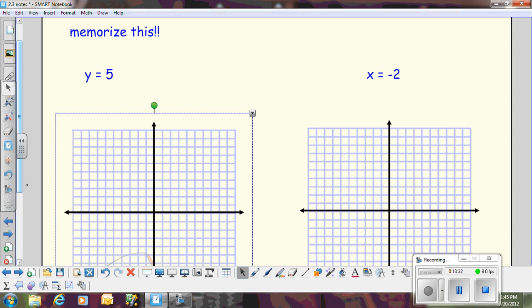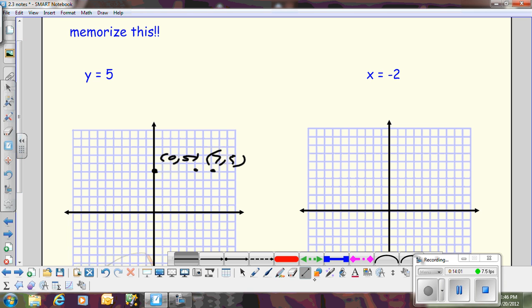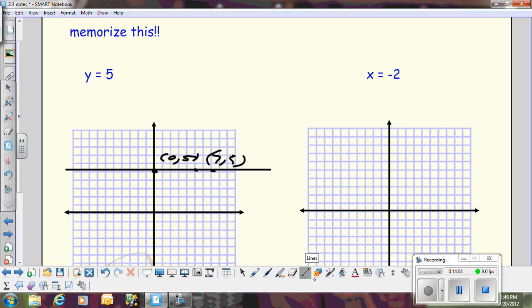Where's it going to cross the y-axis? 5. 1, 2, 3, 4, 5. So I have the point 0, 5 on that line. What's another point on that line? 1, 5. 2, 5. We'll go out here so they don't run into each other. 7, 5. So anything where the y value is 5 fits on that line.